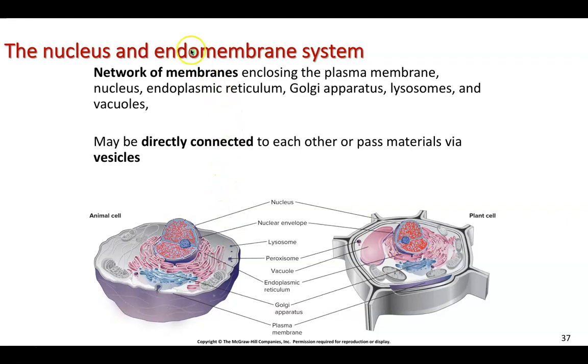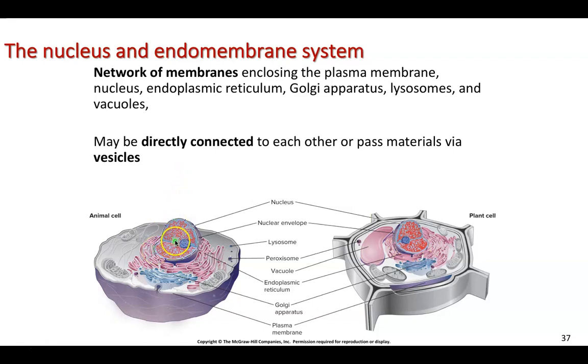So before I get there, I want to tell you what the endomembrane system is, because that could be a little confusing. The endomembrane system is basically a connection or a network of membranes that start off at the nucleus, and it moves through the ER, the Golgi, the lysosomes, the vacuoles, and the plasma membrane.